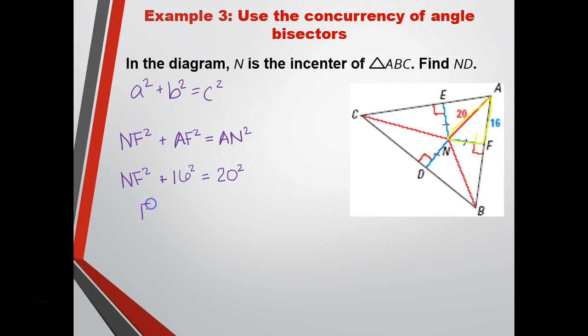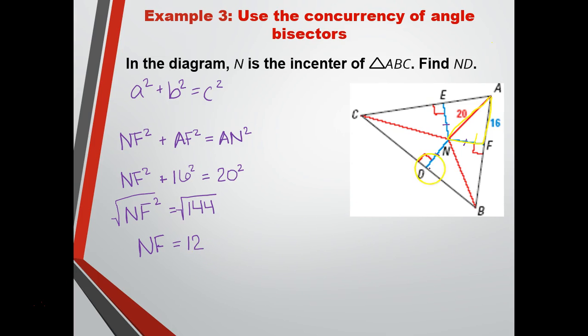Now let's do some calculations here. 20 squared and subtract 16 squared on both sides, we are going to get 144. Now take the square root of both sides to get NF alone, and we get NF is equal to 12.